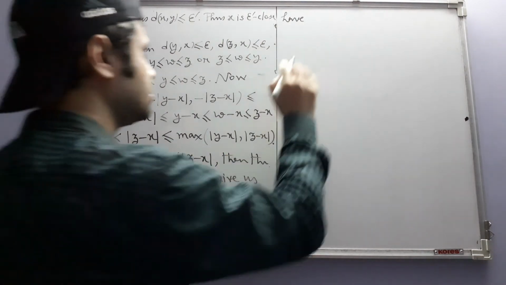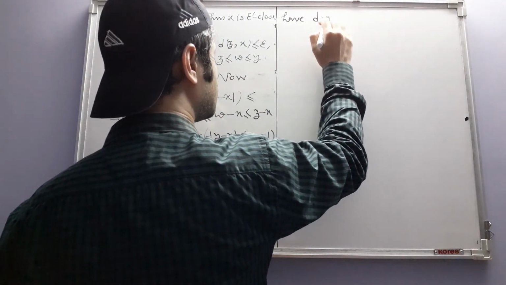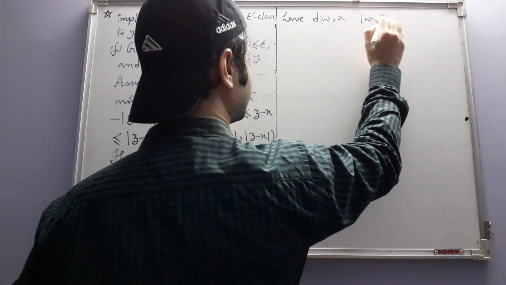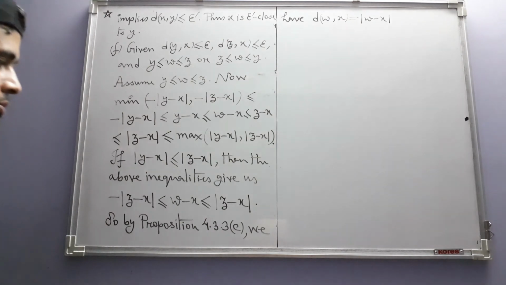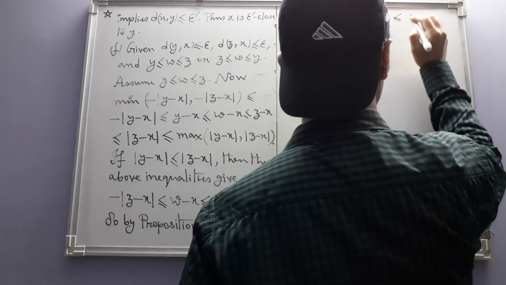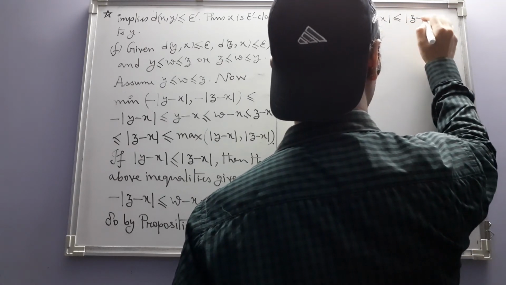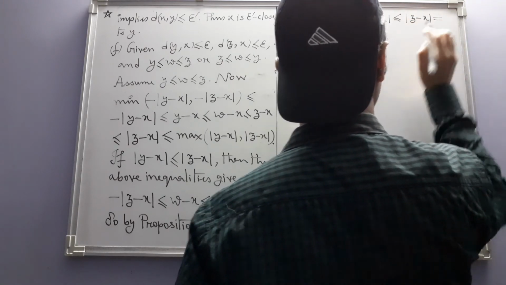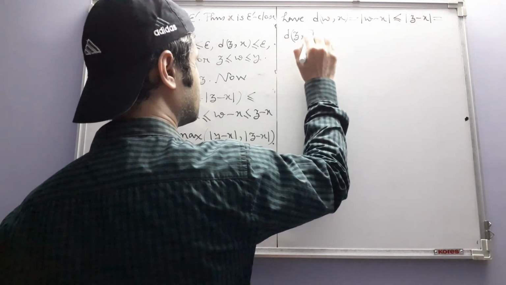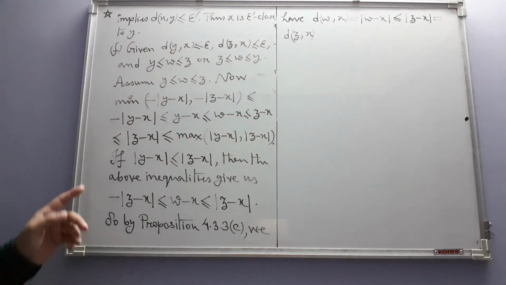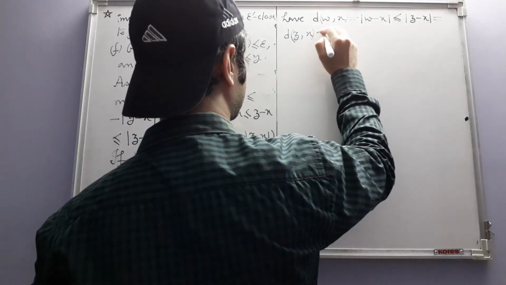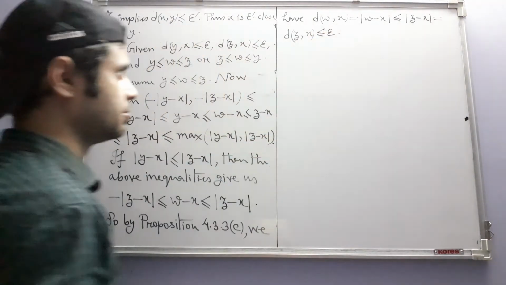what do we have? Distance between y and x, which is nothing but this absolute value, is less than or equal to this, which is nothing but this d value, and this d value is given to be less than or equal to epsilon.